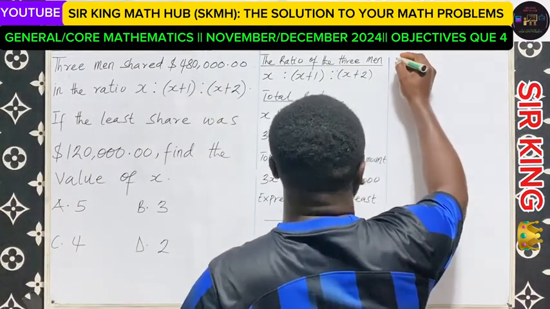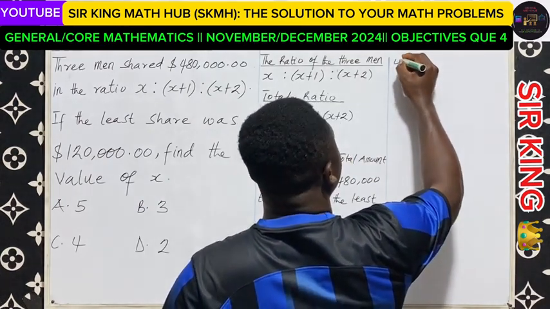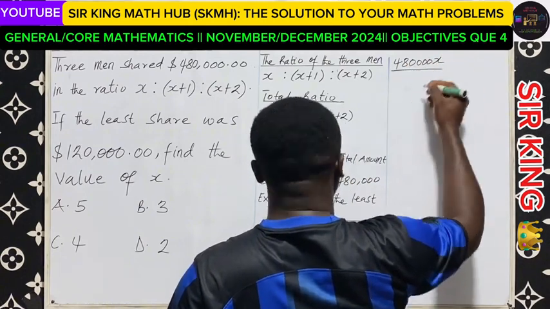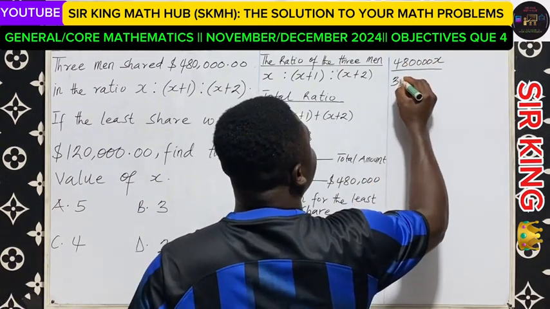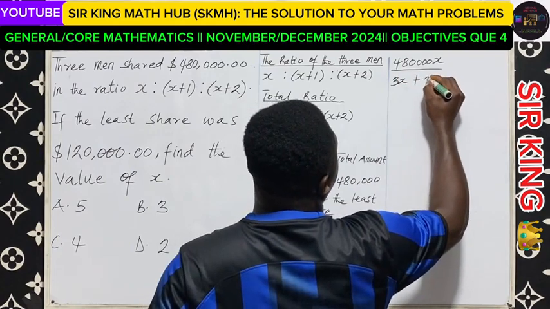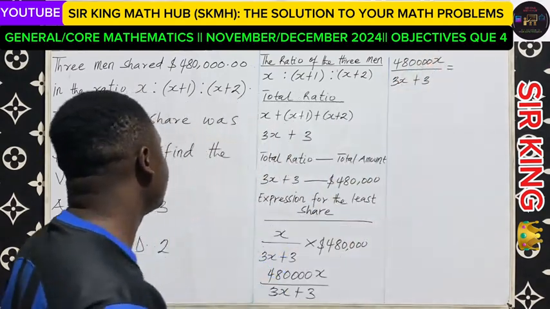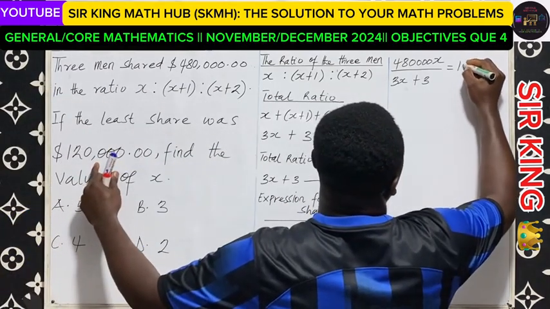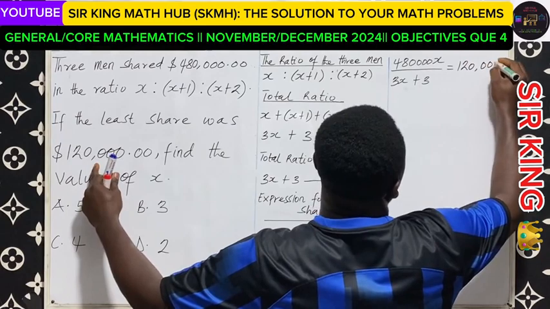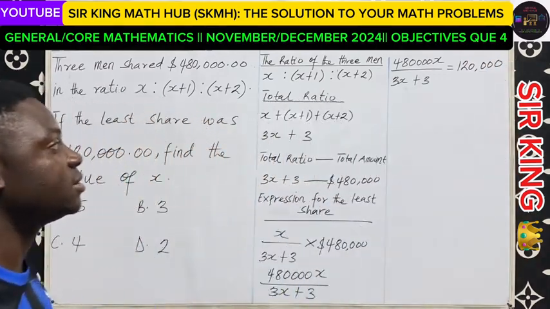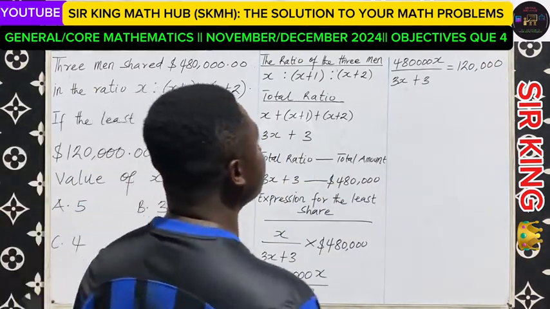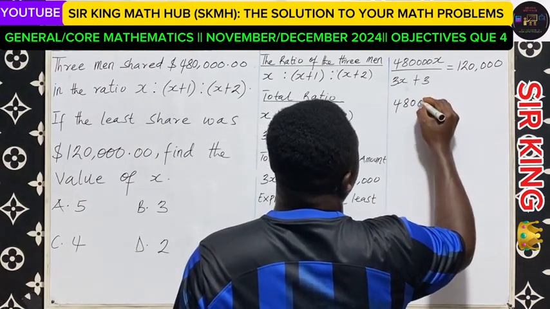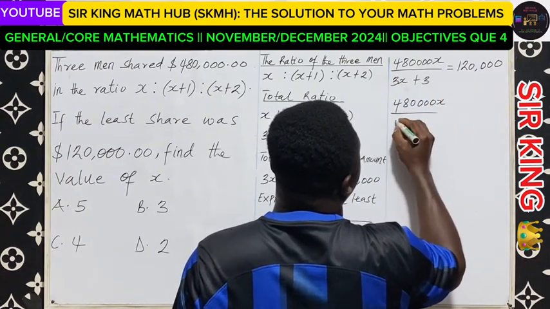So this is the expression for the least share: 480,000x divided by 3x plus 3. And this expression must give us the least share, which is $120,000. So at this point, we are solving for x. So how do we do that? Try solving for x.